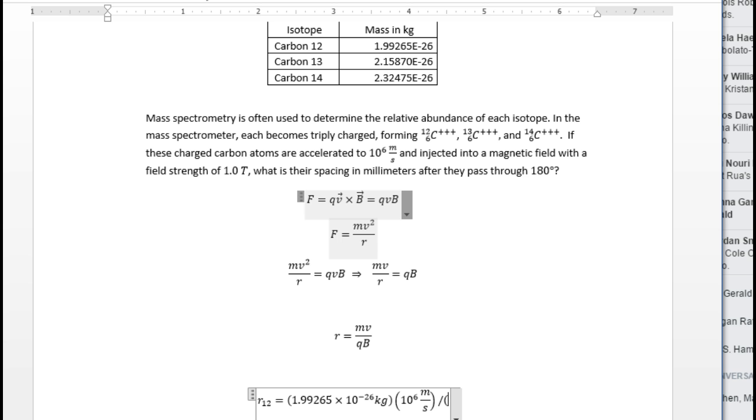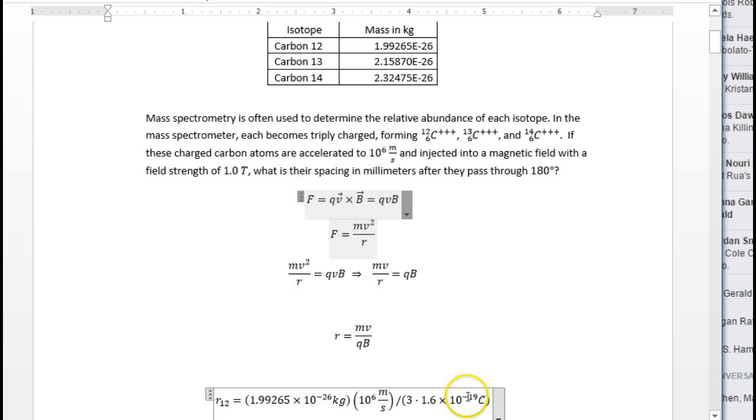The charge is 3 times 1.6 times 10 to the minus 19 coulombs, because these are triply charged, plus, plus, plus.